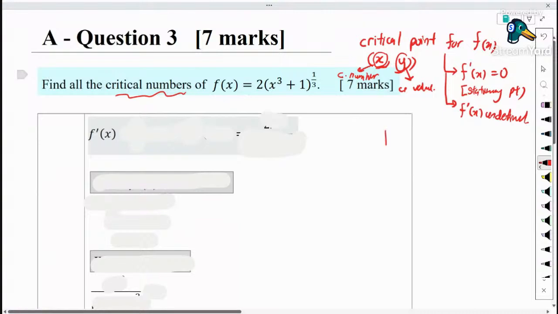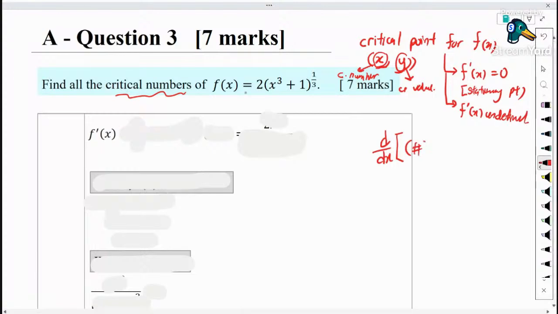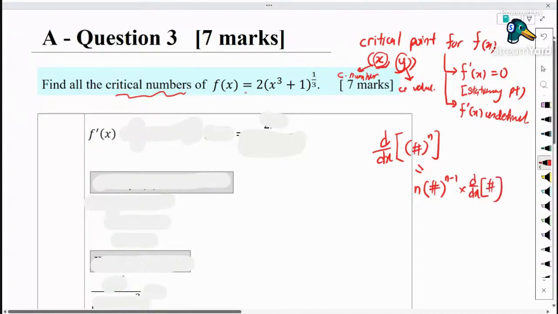Quick recall on how we do the calculation for the power rule. If you differentiate with respect to x a function (#) to the power of n, the result is that you bring the power to the front, multiply with the bracket with n reduced by 1, and then multiply with the derivative of the #. So this is the framework for applying the power rule.